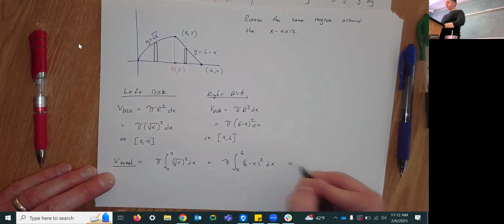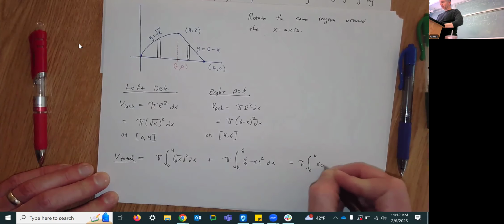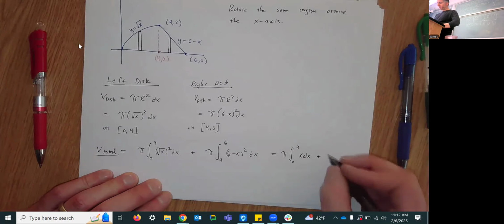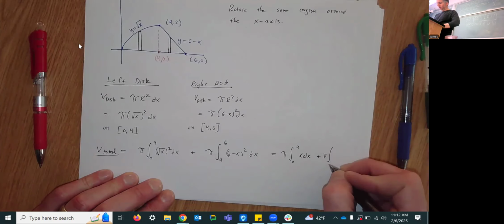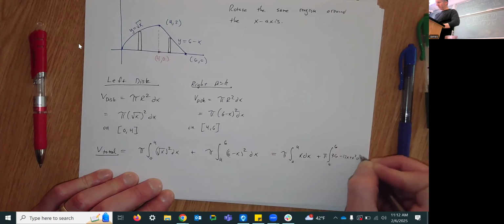And I guess we could calculate this, although it doesn't feel like it's super necessary. If we wanted to calculate it, it'd be pi times the integral from 0 to 4 of x plus pi times the integral from 4 to 6 of 36 minus 12x plus x squared. And then it's just, you all know how to do this.